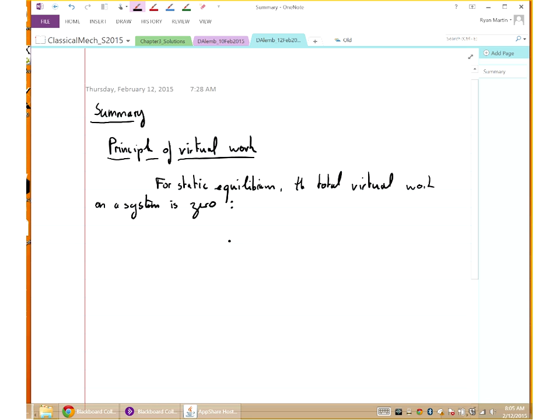So the sum of all the virtual works done on the system equals 0, where a delta work, a virtual work, I, is the virtual work done by some force with some arbitrary virtual displacement.